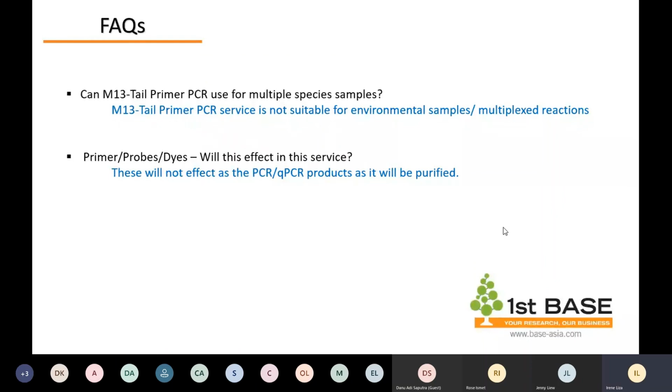If you have primers, probes, and dyes, will it affect this service? This will not affect it because you will be sending unpurified samples. From our side, we will purify the samples before proceeding to PCR and so forth.